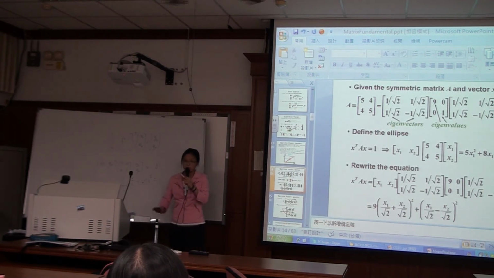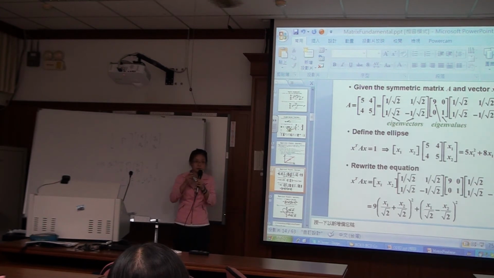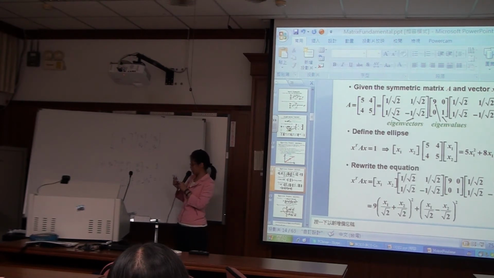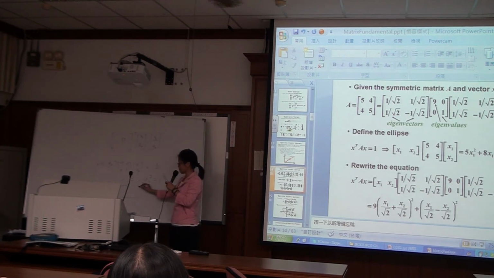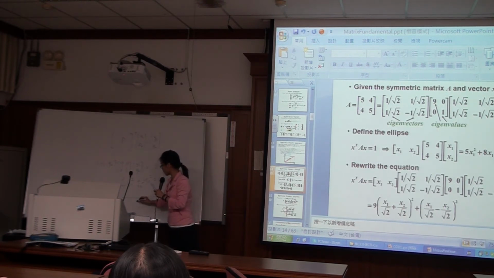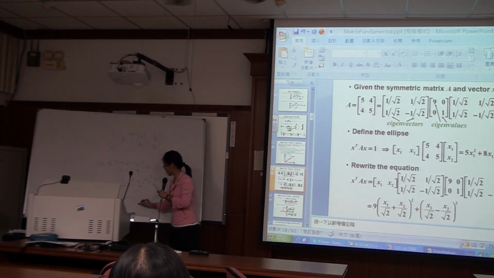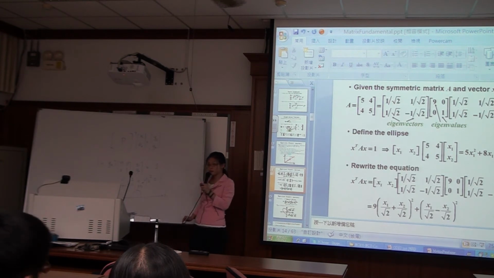How do we determine its tilting position? If we plot this on the x1 and x2 graph, this is an ellipse that looks like this.